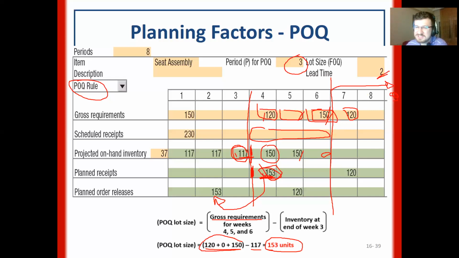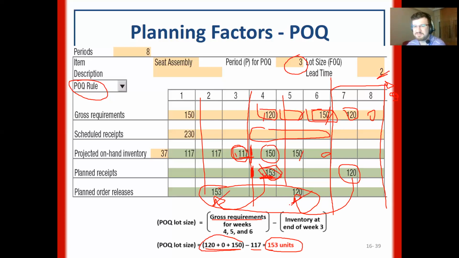However, week 9 is not located in our planning horizon, so I'm going to consider these 2 weeks, and there is no requirement right here, no scheduled receipts, and no inventory on hand, so the order will have a size of 120, and this order will be given 2 weeks before. In total, we will give 2 orders at the beginning of week 2 and week 5 with an amount of these numbers.